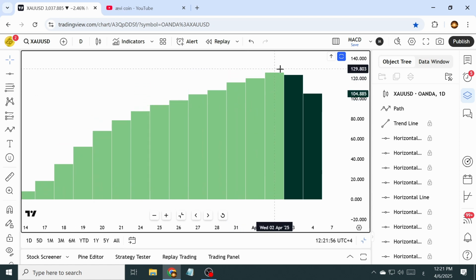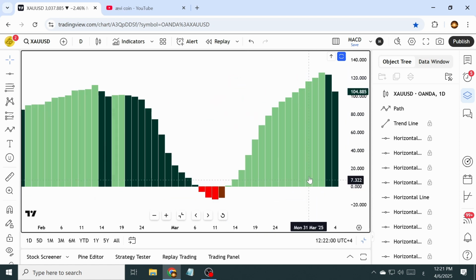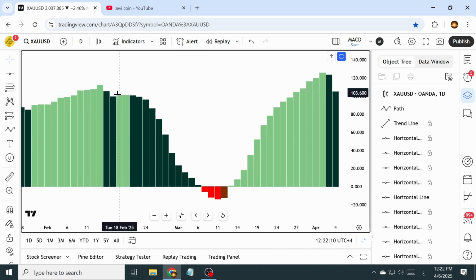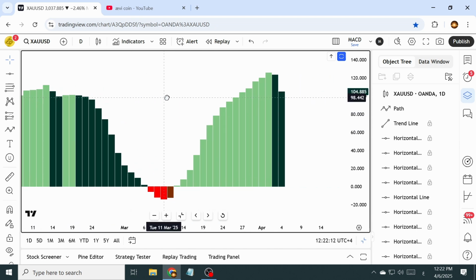For the momentum indicator, as we see, they hit the second dark column, and as I mentioned, the momentum indicator was too high. At the moment we reach this level, we could see one or two green bars, after that a continuation of the down momentum.